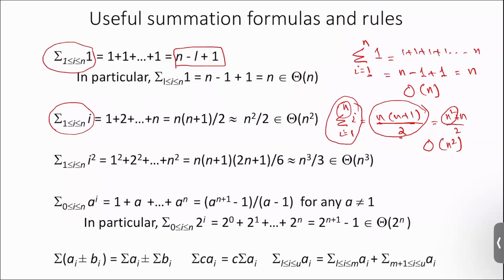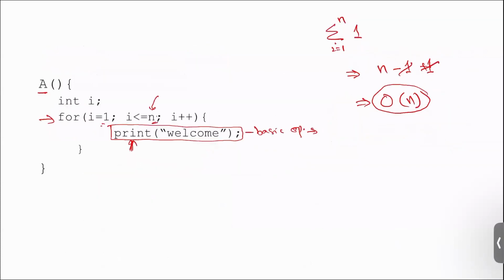So this is going to say, if you are going to have the sum of I square, you are going to have n into n plus 1 into 2n plus 1 divided by 6.